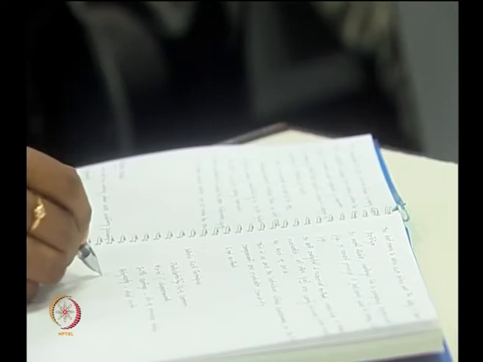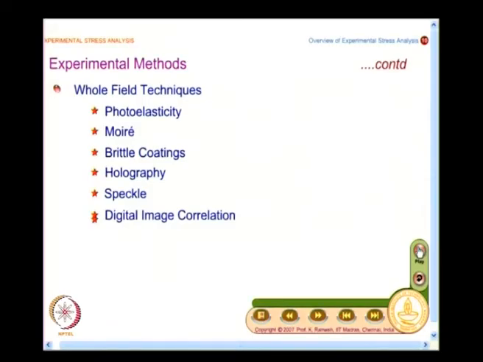And you have holography. Many of you must have seen holography as a sticker on many products. It is mostly used as a security device, but it is also a very good experimental technique, and you would essentially get the displacement vector. And you have speckle methods, which are a variation of holography, and one of the very recent experimental techniques is digital image correlation. This has the advantage of working at multi-scale.